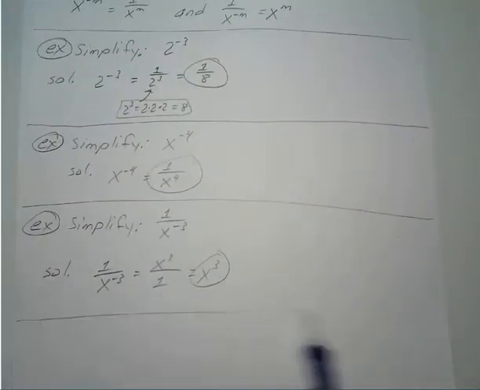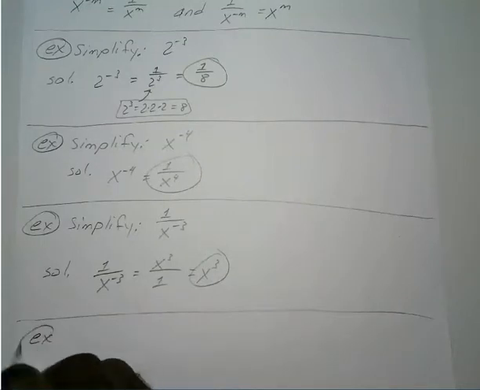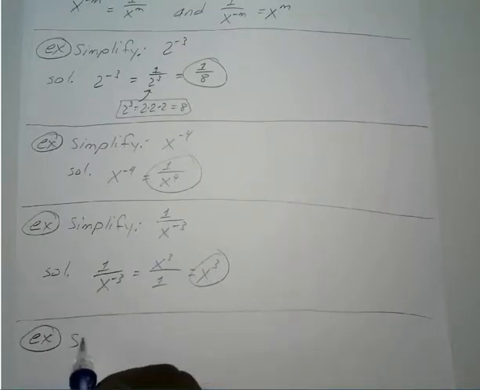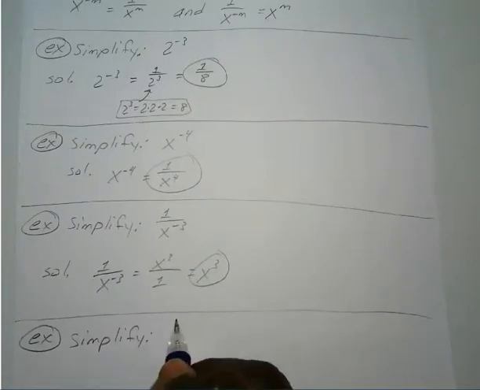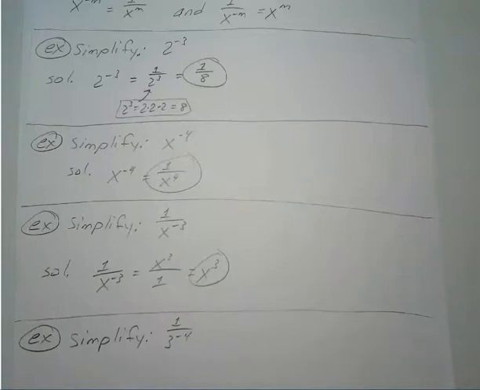Alright, so let's say we wanted to simplify 1 over 3 to the negative fourth power.